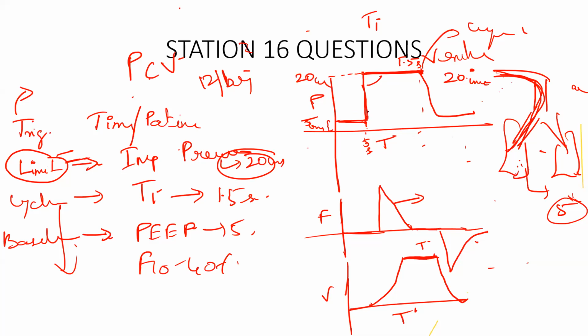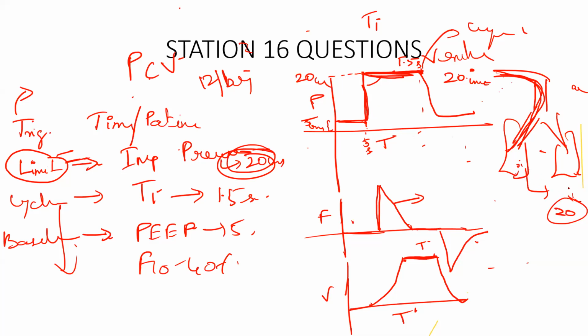So the pressure will rapidly rise to 20 and it is sustained there because it is limited. Beyond 20 it can't reach, it will rapidly reach and be sustained. During that time there will be a rapid flow. Volume increases rapidly. Now what happens, after the gases are flowing in, the airway pressure keeps on increasing.